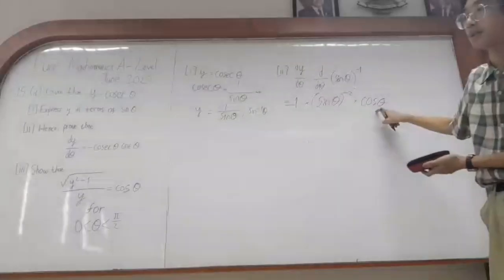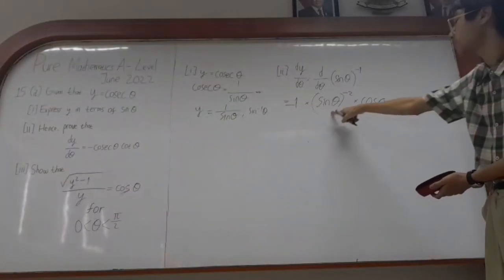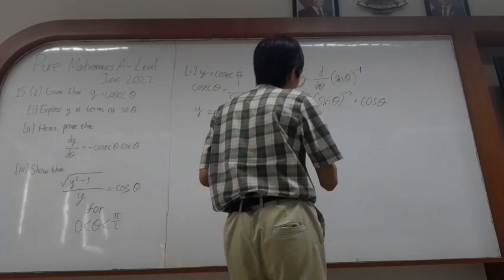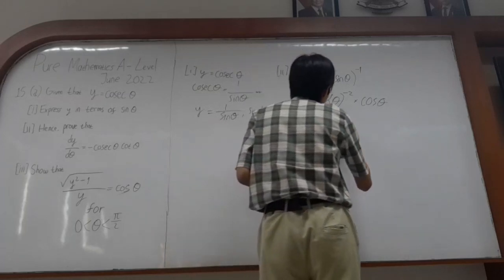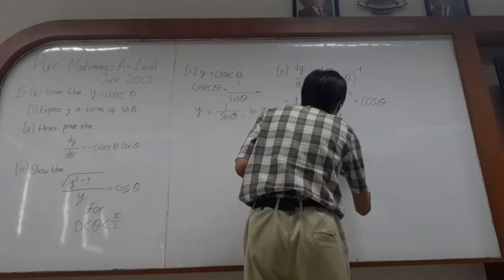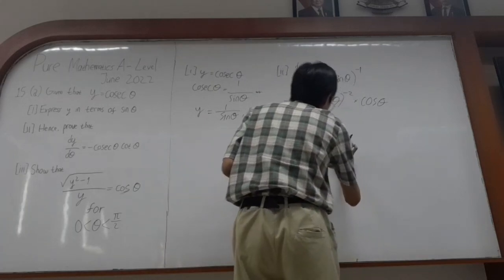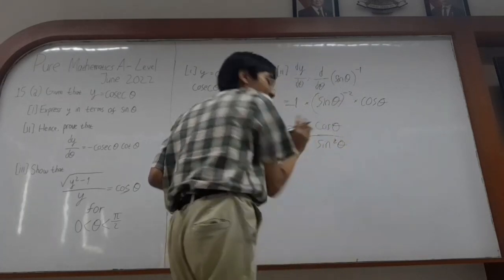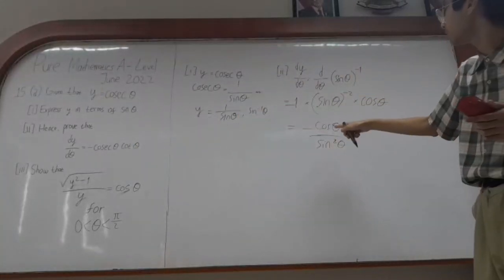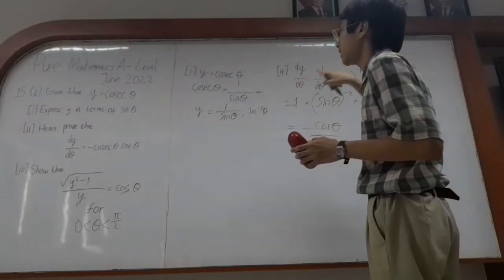So cos theta here is the derivative of sin, the inside function, which leads to this result: negative cos theta over sin squared theta. So we are not done here yet, because this is finally the value of dy over d theta.